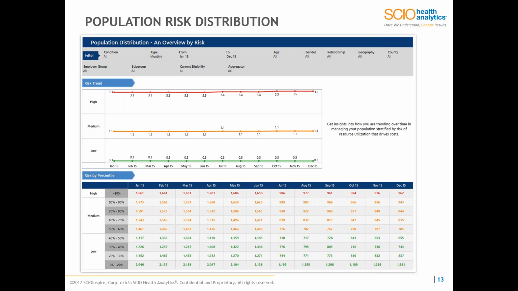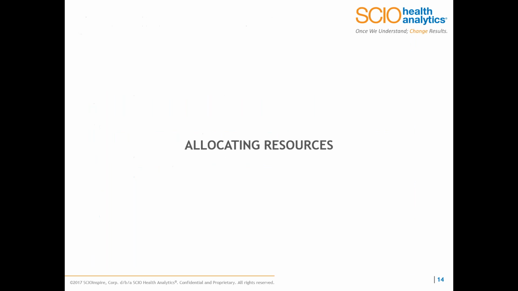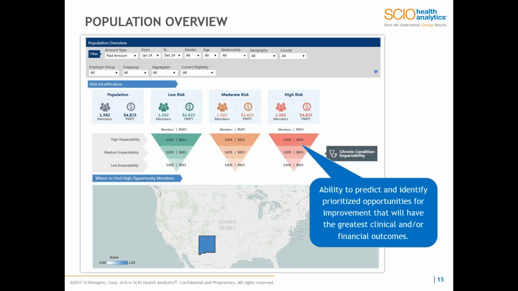And what can you learn from that change that you can feed back into your process of how you can continue to intervene with that population, whether it's a chronic condition, certain age group, certain persona, which we'll talk a little bit more about. But obviously being able to stratify your population and looking at both concurrent risk as well as prospective is key.